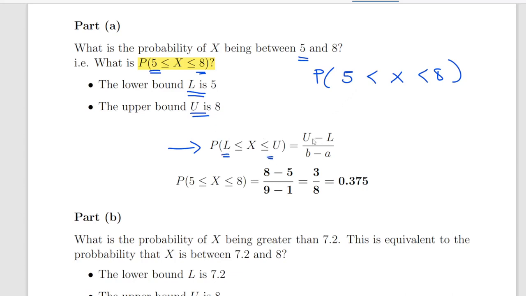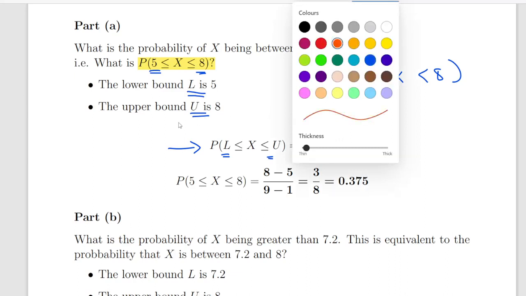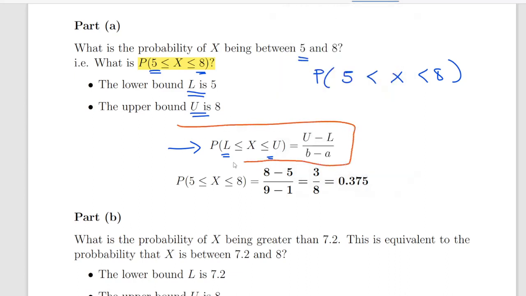Okay, so how to calculate that is fairly intuitive, to be honest with you, but if you want a formal approach, it's the upper bound minus the lower bound divided by b minus a, which is the range between the upper bound and the lower bound. So it's the range of the interval divided by the entire range of possible values.